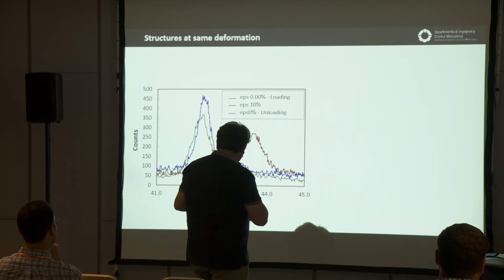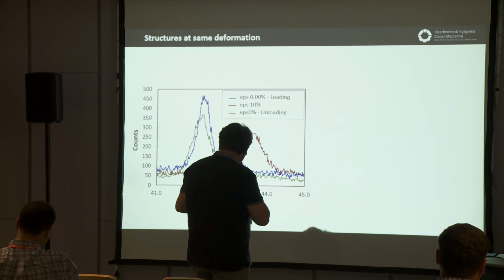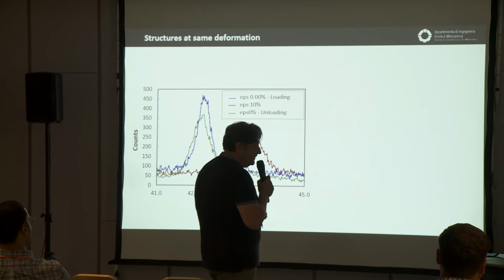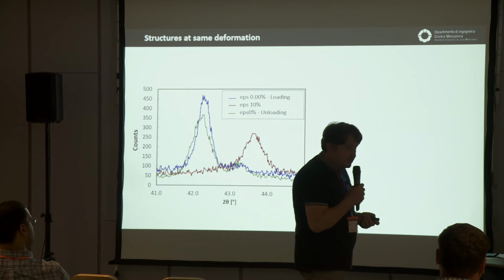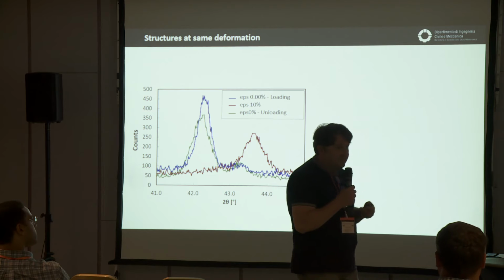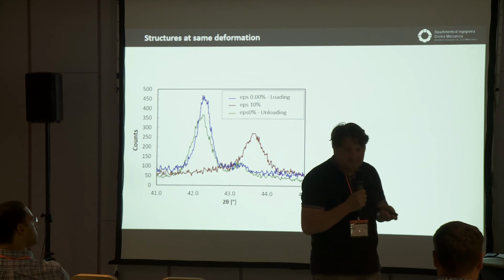And after 10% of deformation, the peak moves here because the microstructure has changed. And then in unloading condition, we recover the same values of the angle at the maximum of the peak. The intensity is changed because I think that after one cycle, we generate some defects inside the material.